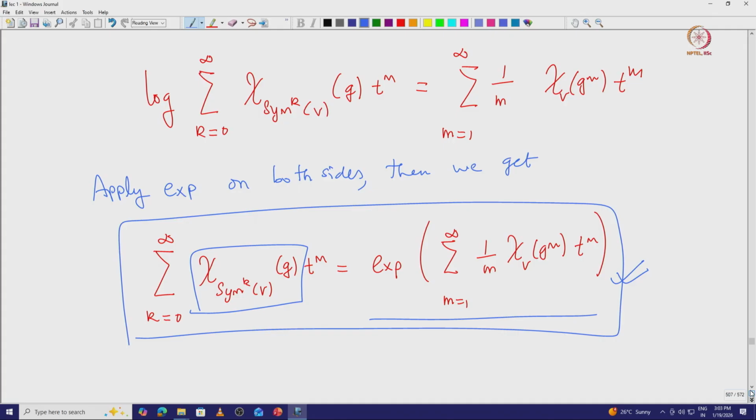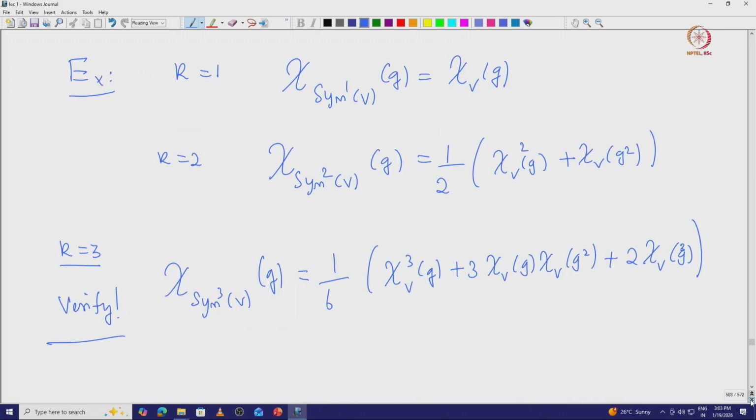That is very simple, because we are looking at t power 3. The only ways you get t power 3: you take t three times, that gives chi_V of g power 3, and then you take t and t square, and then you take t cube, that gives chi_V of g cubed as well as chi_V of g times chi_V of g squared. Okay, so this actually unifies everything and gives the uniform formula.